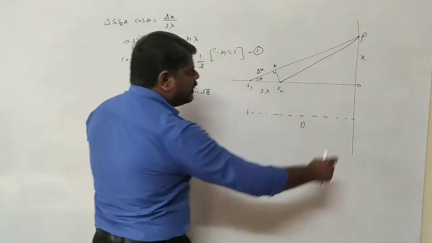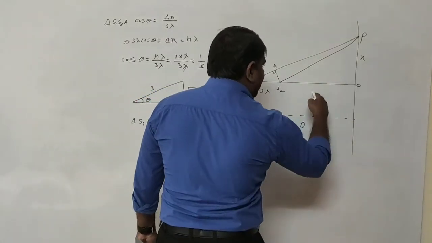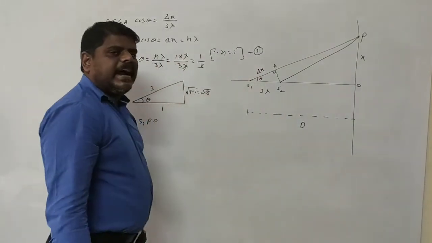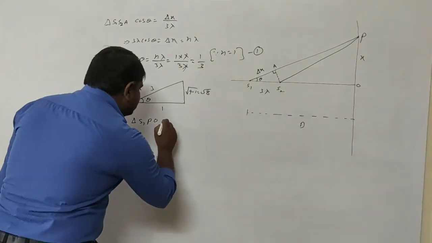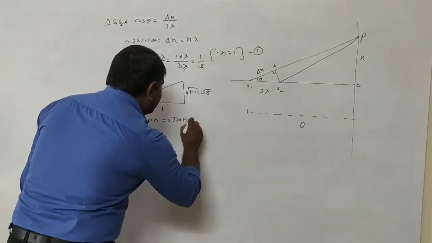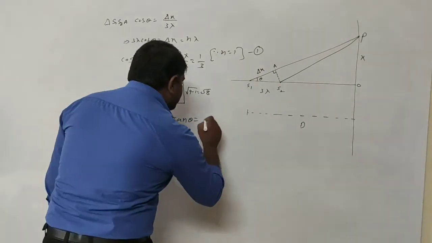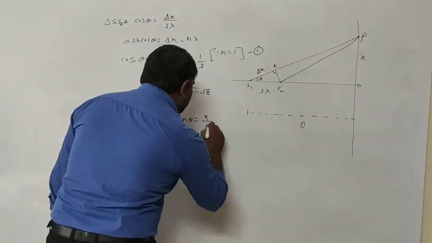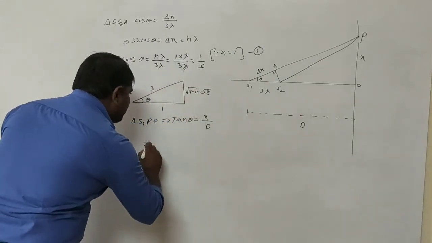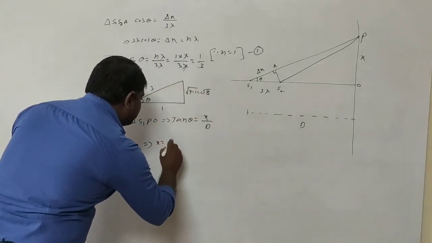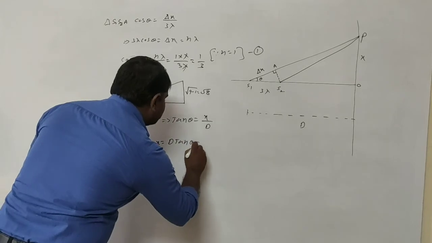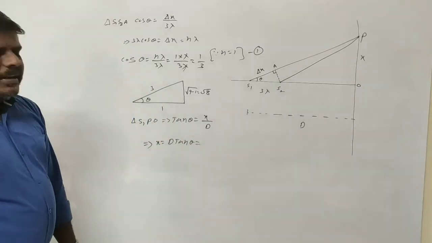This time we need to find out tan theta. Tan theta is opposite by adjacent. Opposite means x and adjacent is capital D. That implies x equals capital D into tan theta.